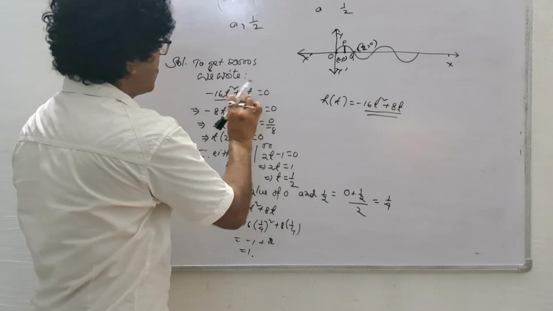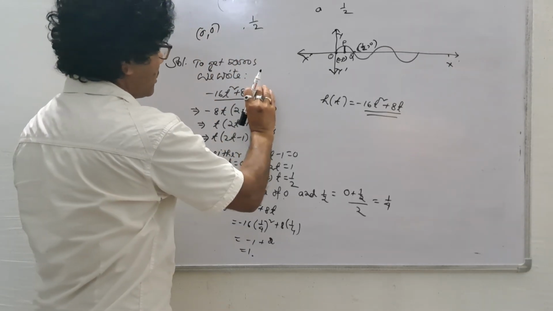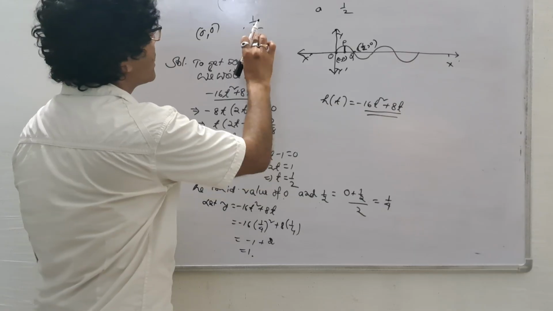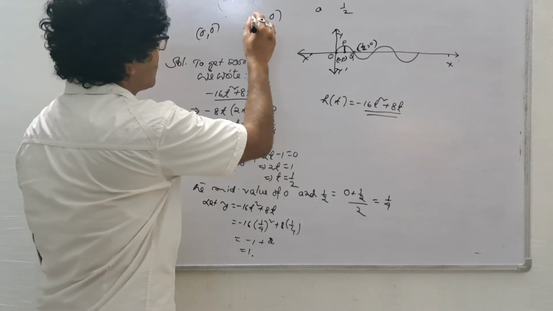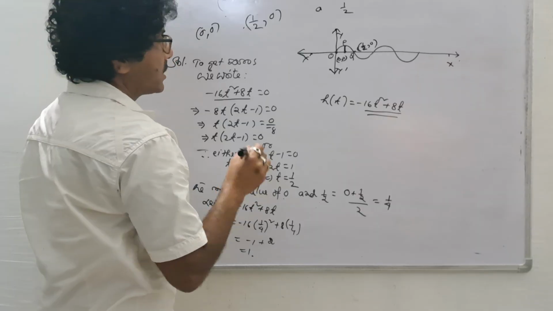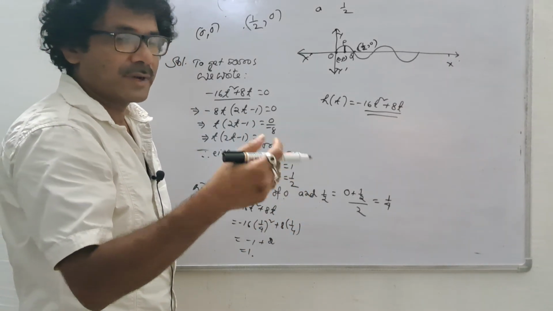So if you put 0, then you will get y value 0. And if I put t is equal to half, then also you will get y value 0. That is, we are getting values of y by putting the values of x.